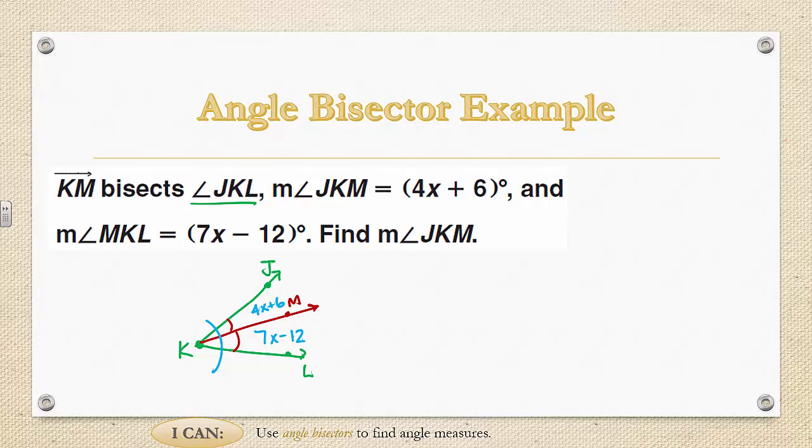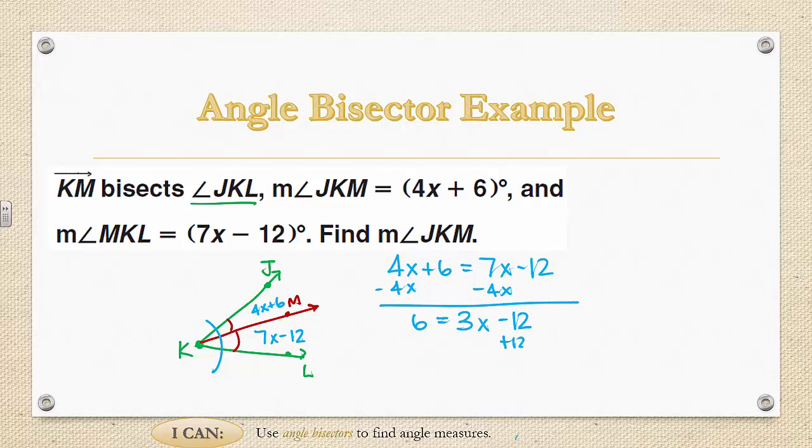They're exactly the same. So that means we can set 4x plus 6 equal to 7x minus 12. And now this turns into an algebra problem, everyone's favorite. Let's solve for x. I'm going to subtract 4x from both sides. So I end up with just 6 over here equals 3x minus 12.